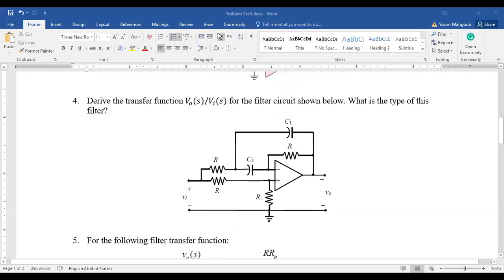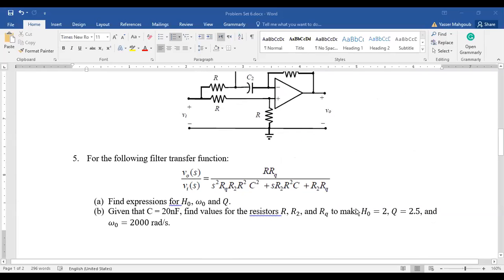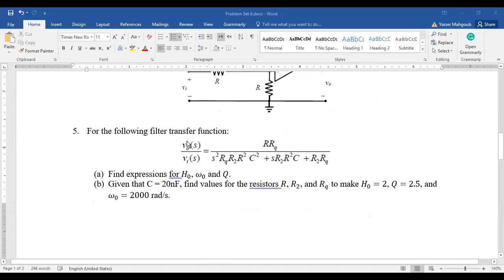Okay. Let's go back. Question number 5, you already have the transfer function. I gave you the transfer function. It's not a circuit where you find the transfer function. The transfer function is already given.